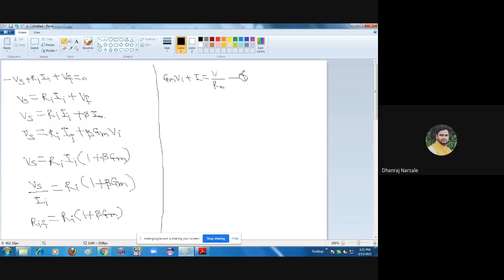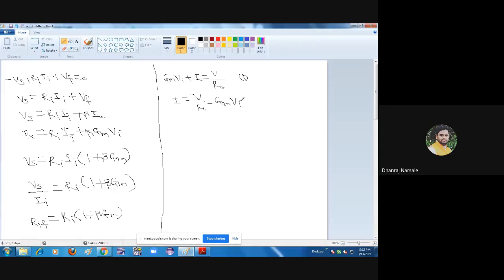Equation number 1. Okay. What is the equation for I? The I goes to the other side with a minus, so I is equal to V divided by Ro minus Gm into Vi.